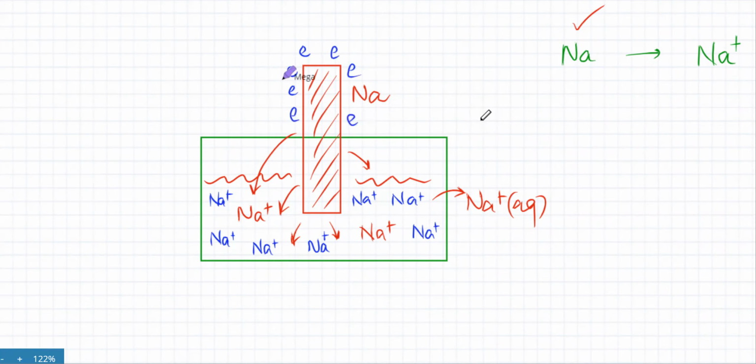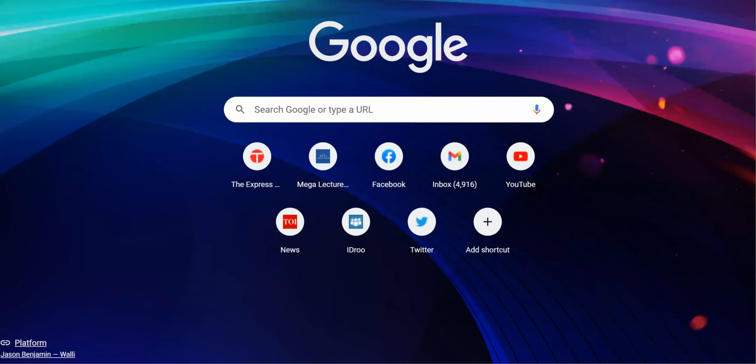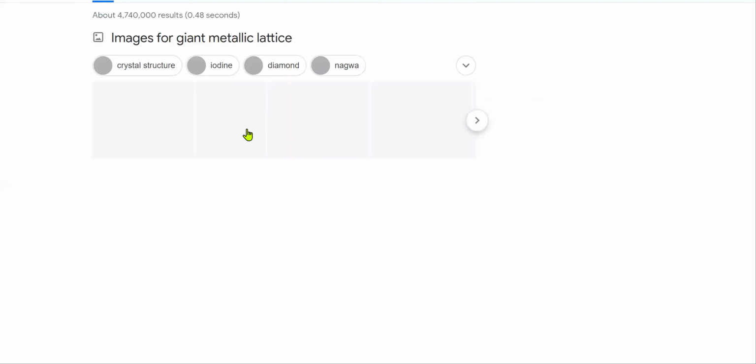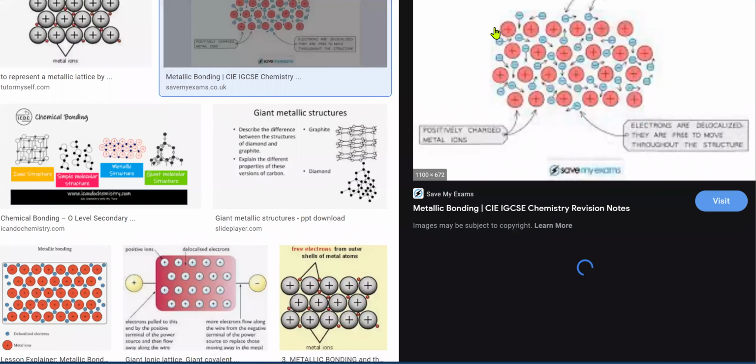There would be more and more electrons being left behind, because a metallic element is a giant metallic lattice, which looks like this. Just a second. I'll just copy paste this over there.